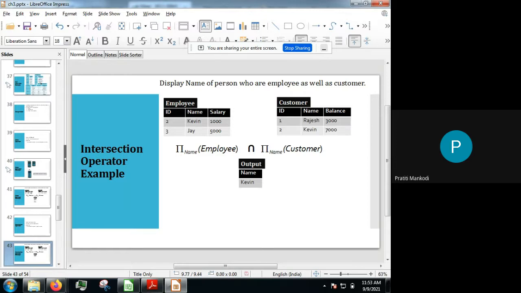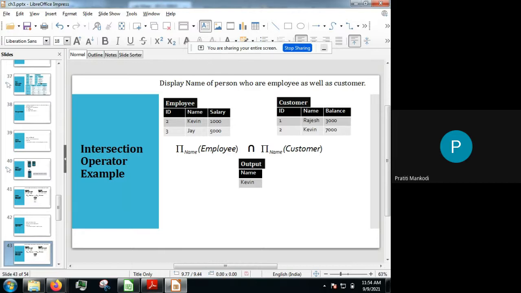Display the names of the persons who are employees as well as customers. Common. Clear? And here common does not mean common data. Common means common attributes. In both of them we have name as an attribute, which is common.